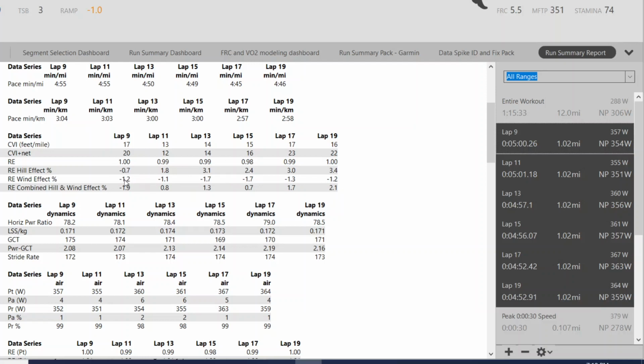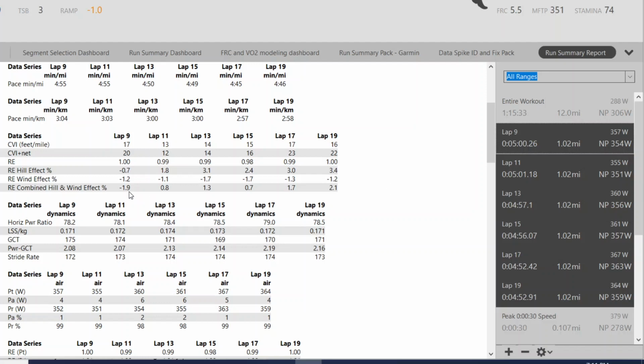But if you saw one where all of a sudden it's minus 1.2, and then this one's minus 7%, and a much lower running effectiveness, that sort of explains why you have that running effectiveness. Now, the hilliness and the wind can cancel each other out or be additive, and that's why I have the combined effect of these two, which is what you see down here.